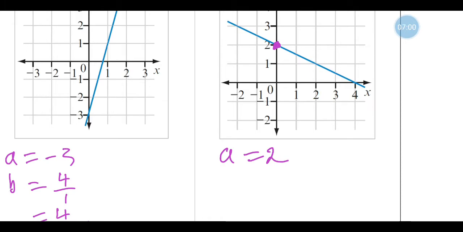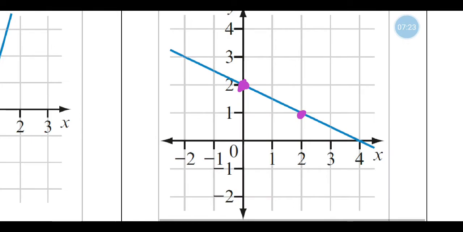Now to use the gradient formula, we need 2 points on our graph. I'm going to select 2 points that have whole numbers for coordinates so that I know that I'm getting an exact answer. If you look carefully, this point here also has whole numbers for its coordinates. So let's zoom in and add those coordinates.